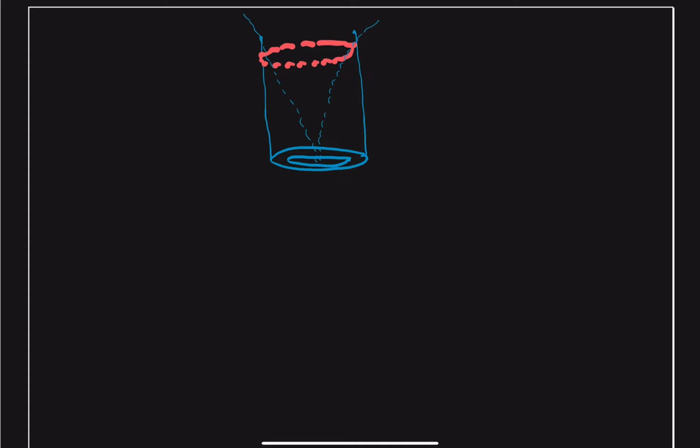At this particular point, the net magnetic field B can be divided into two components, one horizontal and another vertical.